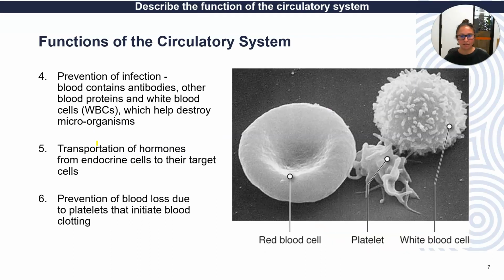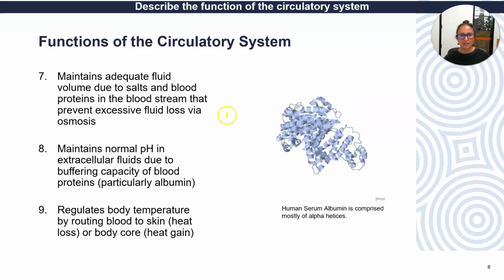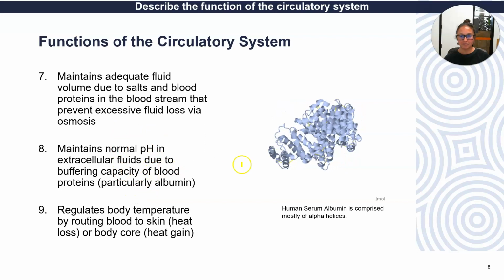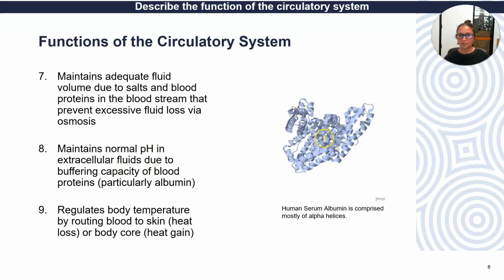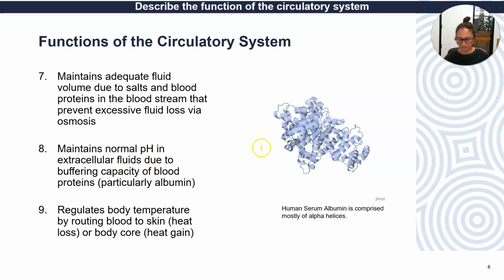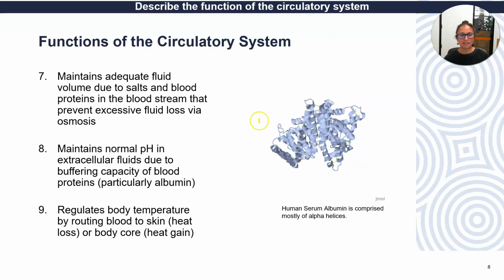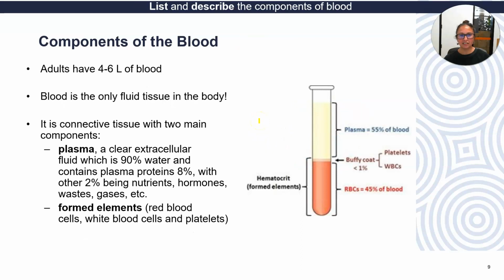Here is another few more functions of the circulatory system, and here is a picture of the protein albumin. Now we're going to have a look at proteins in the blood in a little bit. So I just think that you need to understand the major function of the circulatory system.